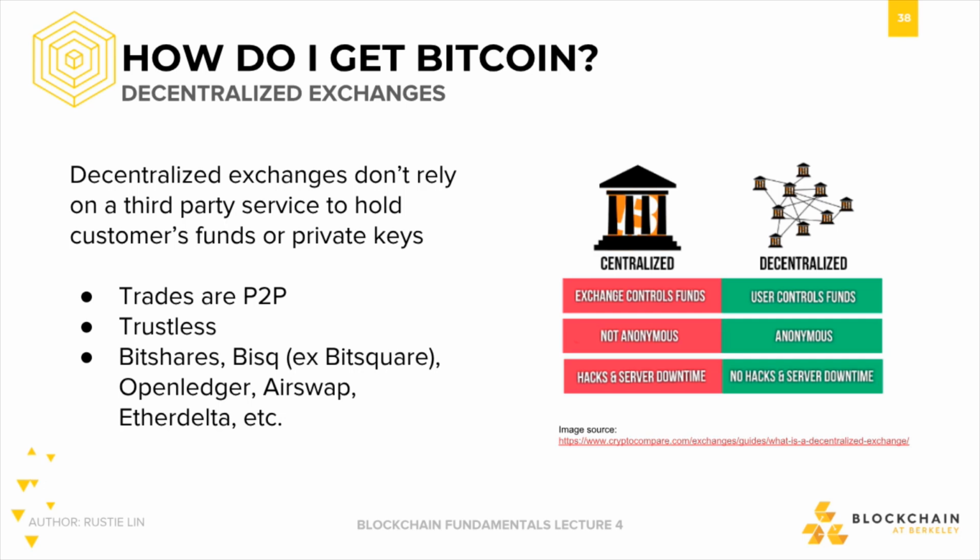This is usually trustless, and a few examples of decentralized exchanges that are out there are BitShares, OpenLedger, AirSwap, and EtherDelta. There's actually a lot more, but they all use some sort of underlying new technology to enable this trustless and decentralized exchange. Any questions?